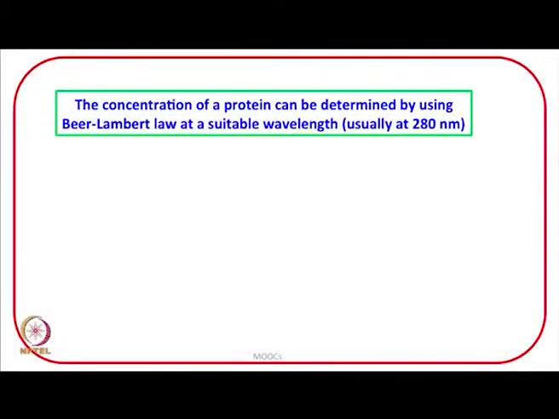Now, let us look at this slide. Before we start any experiment, we need to determine the concentration of the protein or the nucleic acid or any biological macromolecule that we are interested in. The concentration of a protein which has tryptophan residues is usually determined by the absorbance measurements at 280 nanometer.